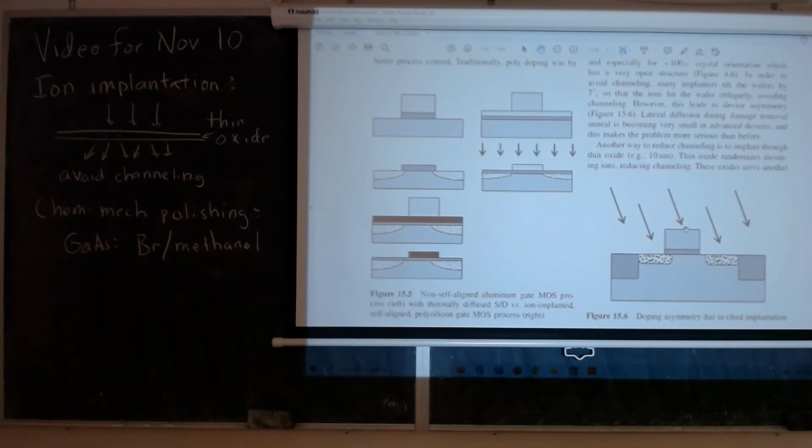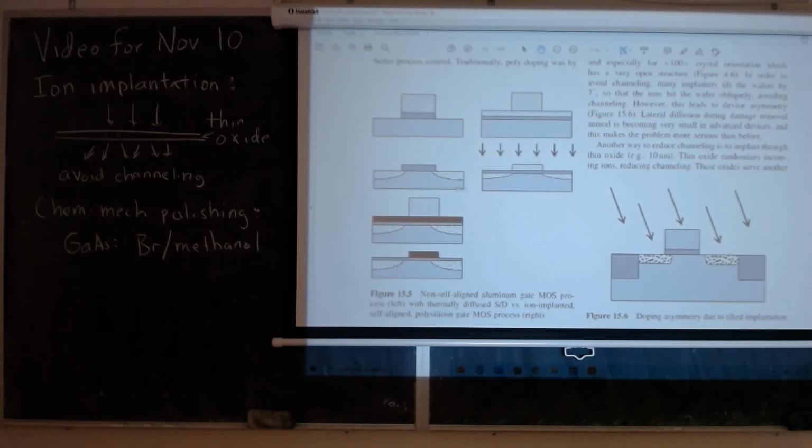Because of the topography of your gate, your doped region will go off to the side too much because of a shadow there. So for that reason, you don't want the angle too large. Again, for this reason, as well as the fact that most implanters only can go to 7 degrees, that's the typical angle.